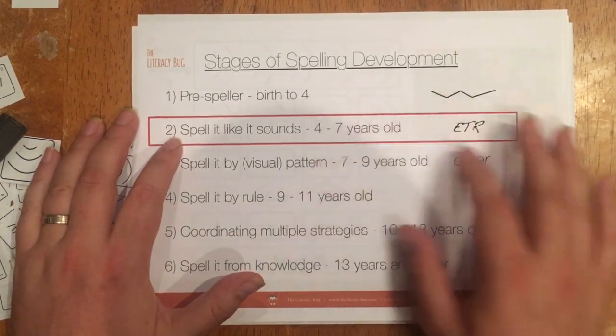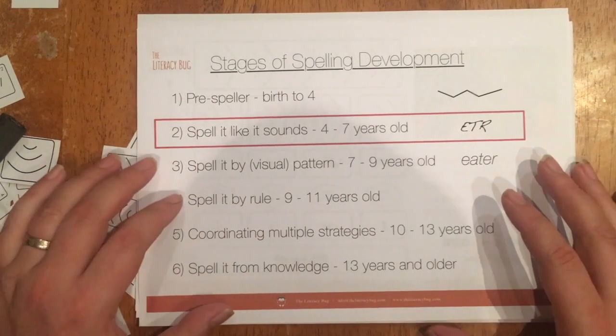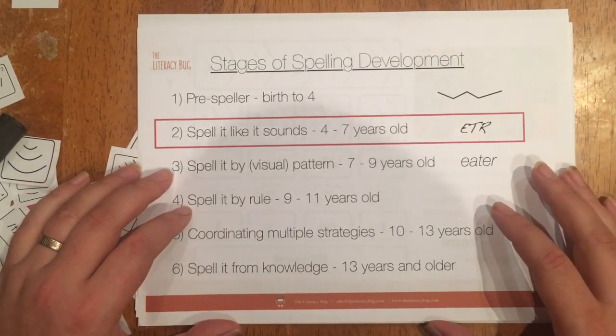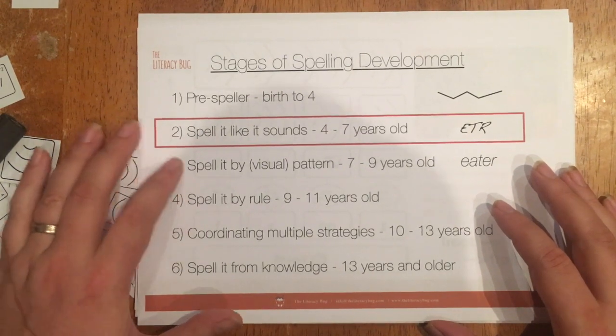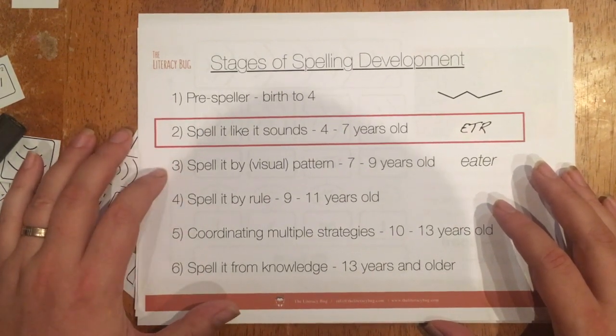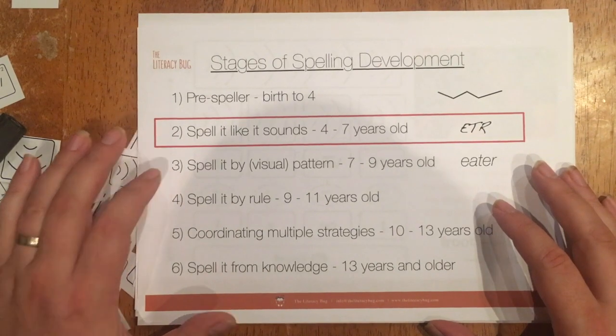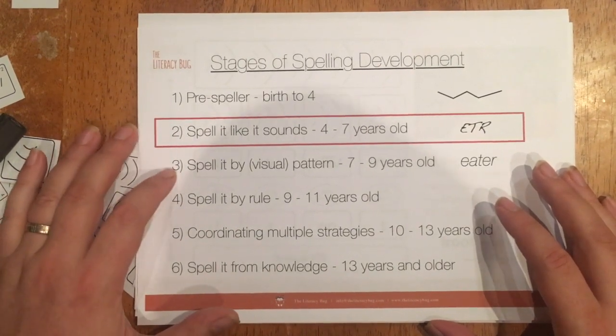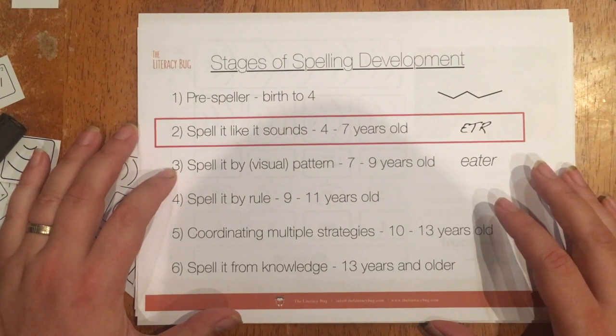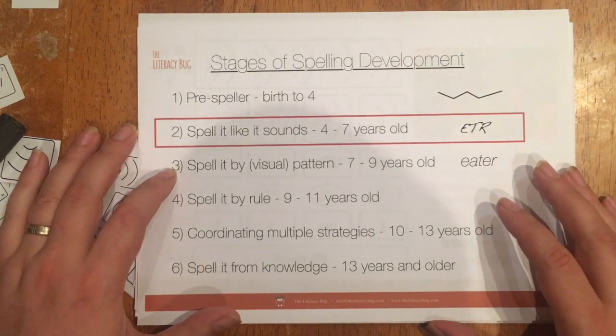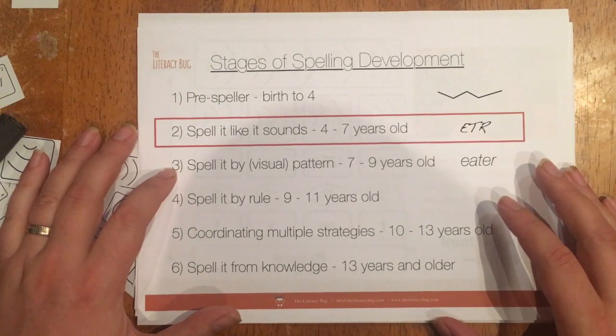So between 4 to 7 years old, they spell words how they sound. And then they're starting to, through lots of experience and stimulus, recognize that there's certain stable patterns that they can expect and rely upon. But then even those patterns aren't foolproof.